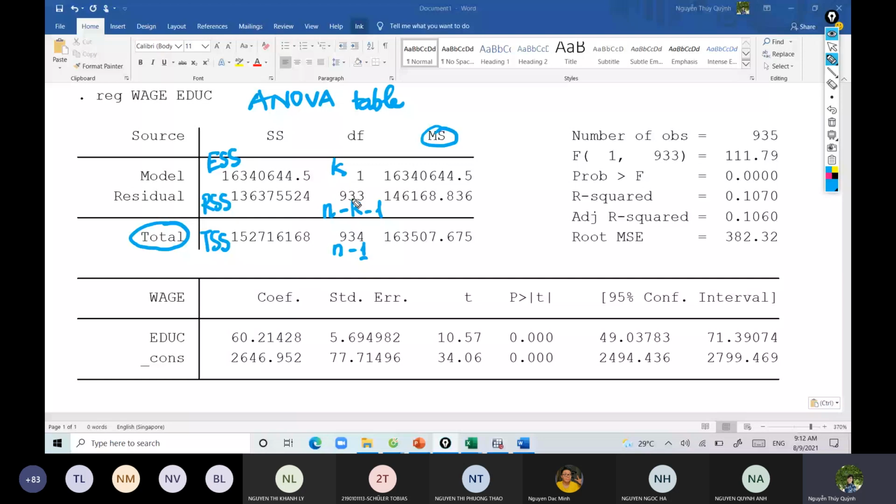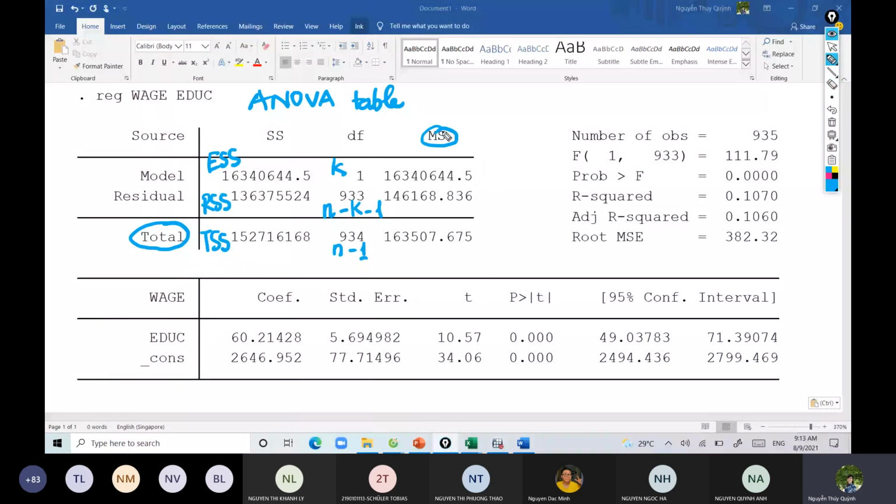RSS divided by N minus K minus 1. What is it? It is the variance of the residuals, and we denoted it as sigma square hat, right?